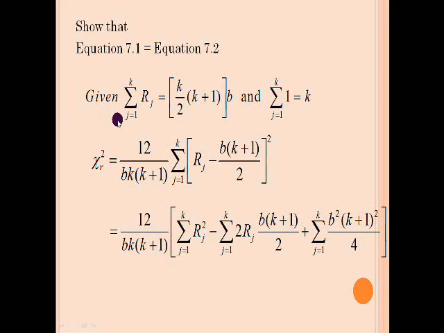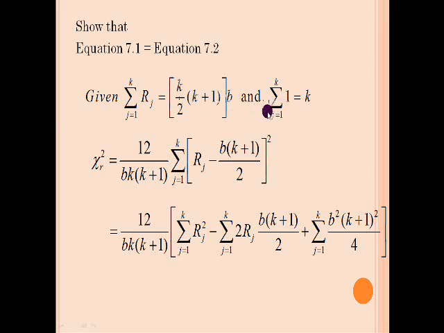We know that the summation of j equal to 1 until k of Rj is equal to k over 2 times k plus 1 and all times b. And the second equation is the summation of j equal to 1 until k of 1 is equal to k.